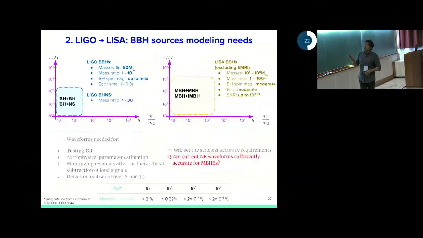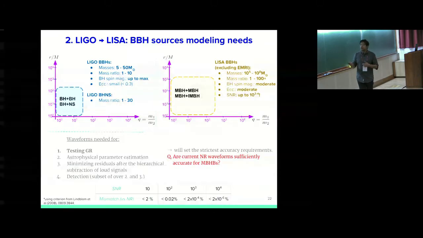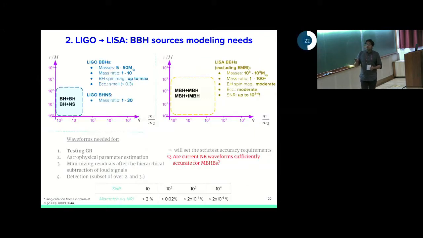And the reason we need very accurate waveforms for these is because we want to, first of all, extract as much physics as possible. So we want to be able to test gravity, we want to do parameter estimation properly. But also, to be able to extract information about the lesser loud signals, we need to be able to subtract out the loudest massive binary black hole mergers first.